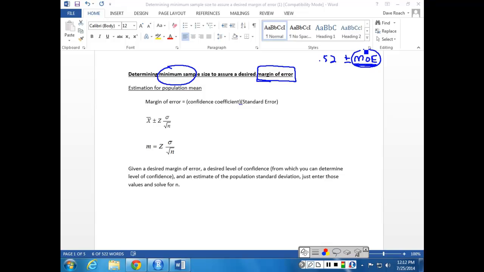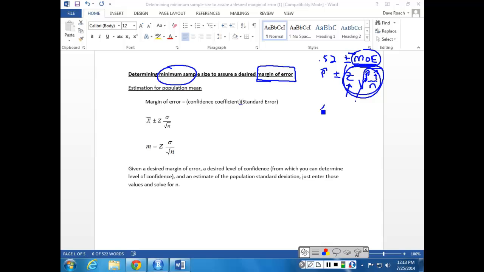Now, we already know the margin of error on the right-hand side, let's say if this were p hat, is the confidence coefficient times the standard error. So if this is the margin of error, we know a level of confidence, and we have some estimate of P and Q, and we know what margin of error we want, we can just set the margin of error equal to this and solve for n.